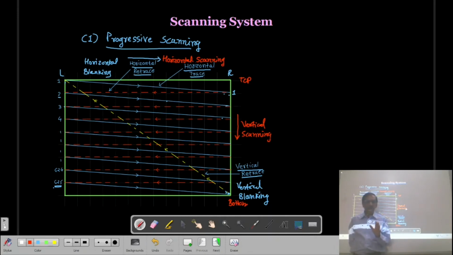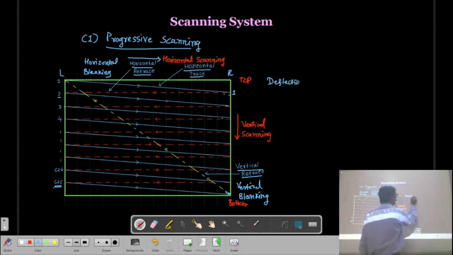Electron beam is moving due to the horizontal coil, as well as it is also moving due to the vertical coil. So on a camera tube, whatever the deflection coil is there, this deflection coil consists of a horizontal coil and a vertical coil.